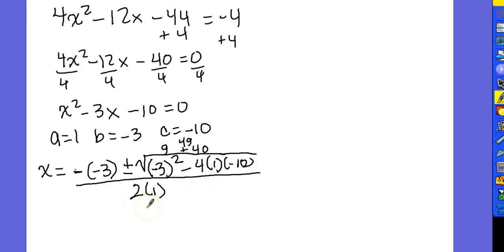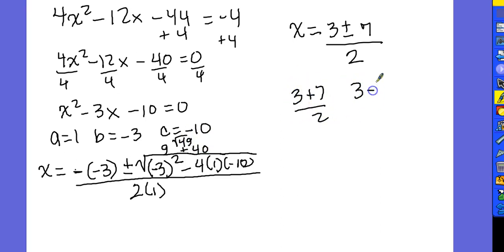So I tend to just kind of pyramid that up as I go. So I get x is equal to the opposite of negative 3, which is 3, plus or minus 7 over 2. Because that's the square root of 49, which is 7, right? So I get 3 plus 7 over 2 and 3 minus 7 over 2.